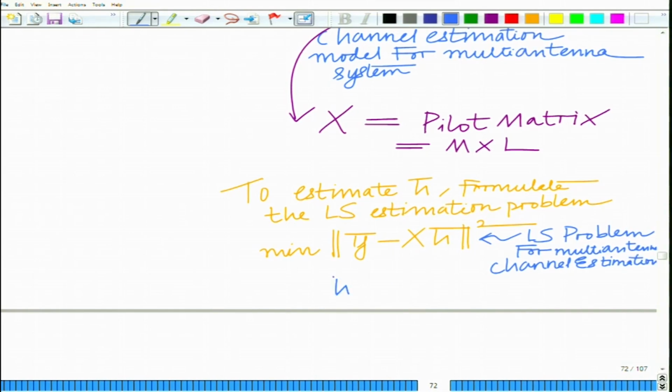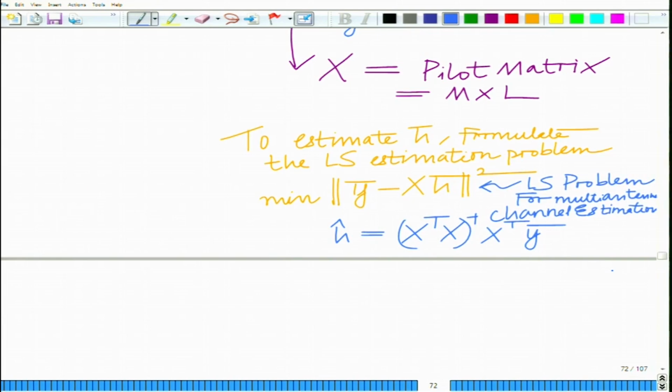And the solution h hat is given by the least square solution, X transpose X inverse X transpose y bar. This is also known as the least squares channel estimate.